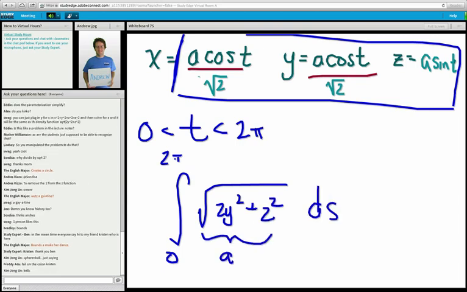Your ds just becomes a. If you compute the square root of the derivative of x with respect to t, y with respect to t, and z with respect to t, squared and added together, that gives you also a. So you're just doing the integral of a squared dt from 0 to 2 pi, and that gives you 2 pi a squared. Good?